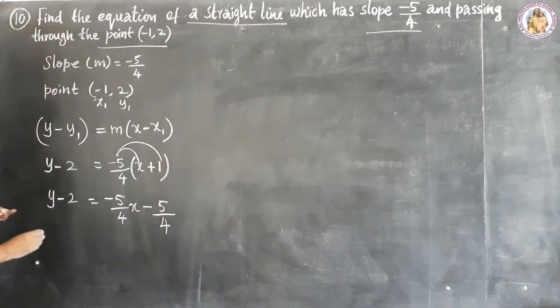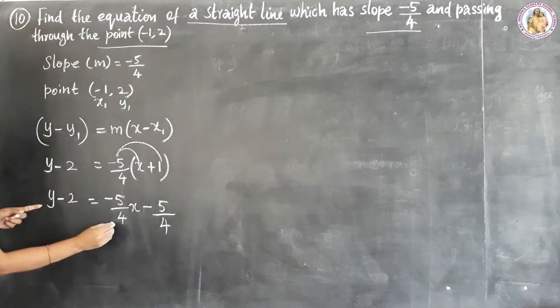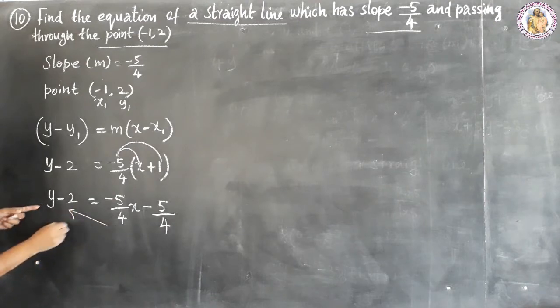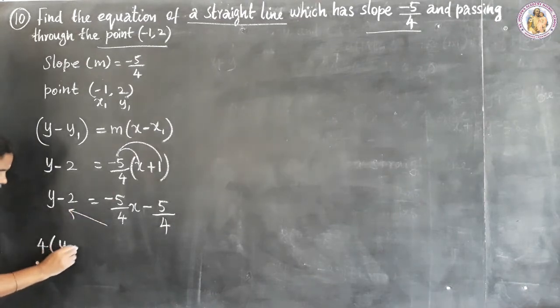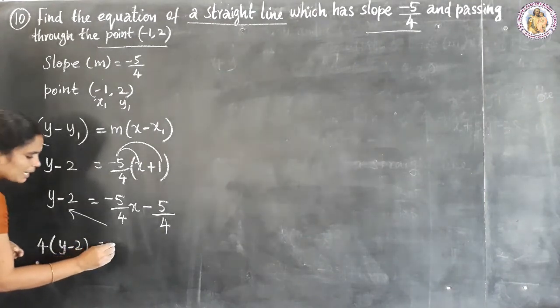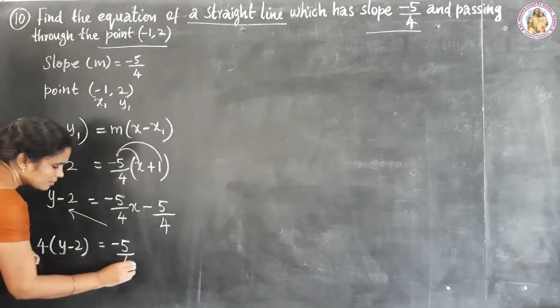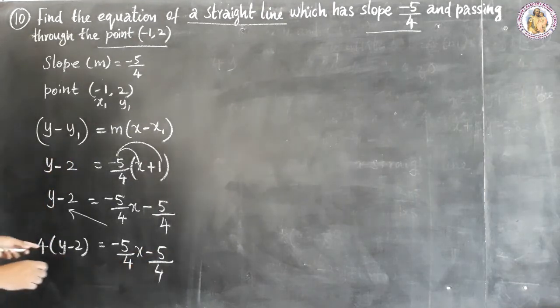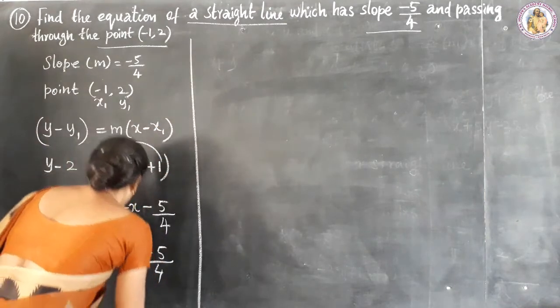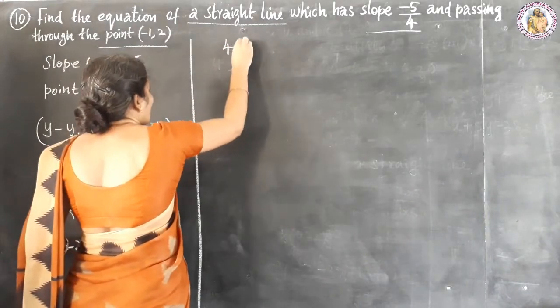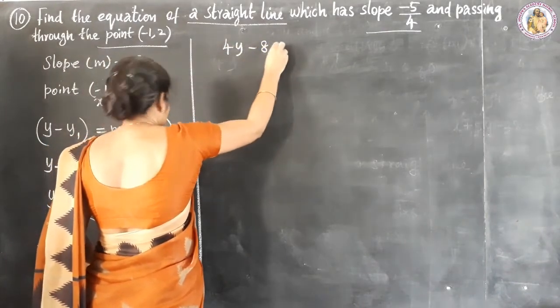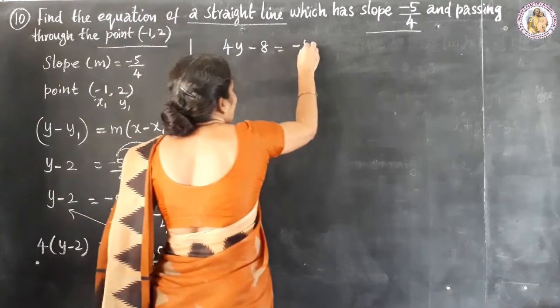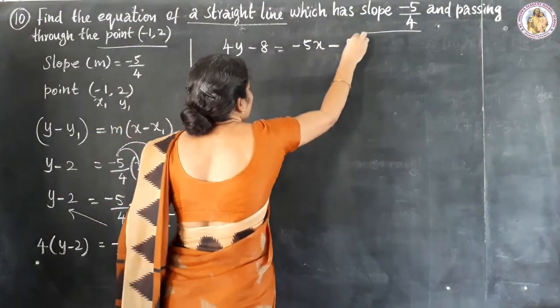Okay, now multiply with 4. y minus 2 is equal to minus 5/4 x minus 5/4. Removing the 4, in the next step we have 4y, 4 twos are 8, is equal to minus 5x minus 5.